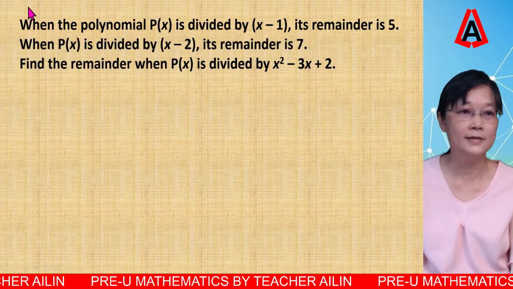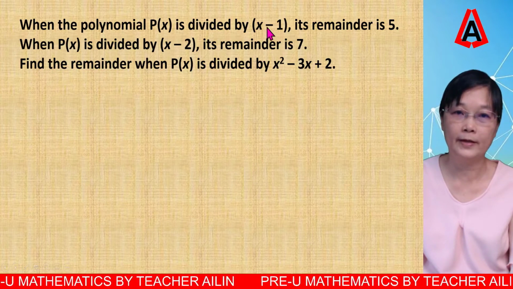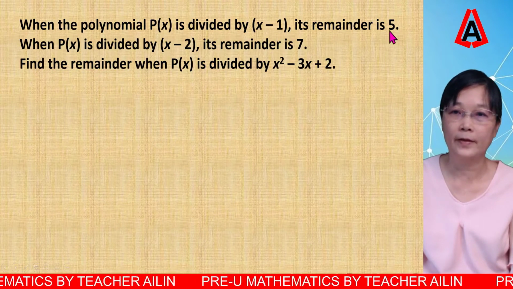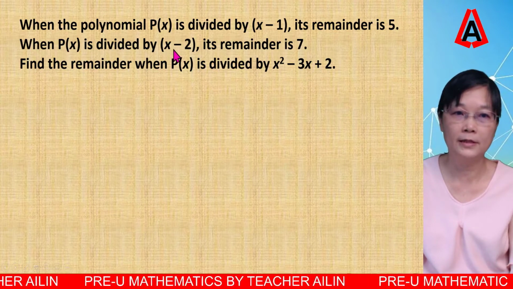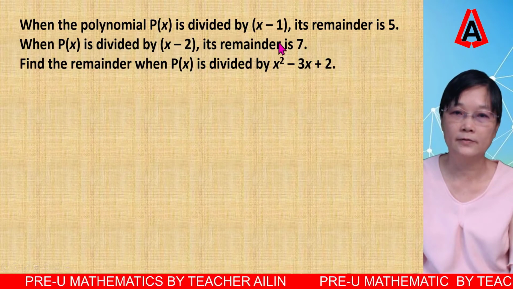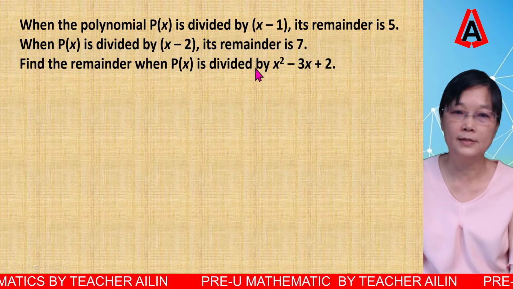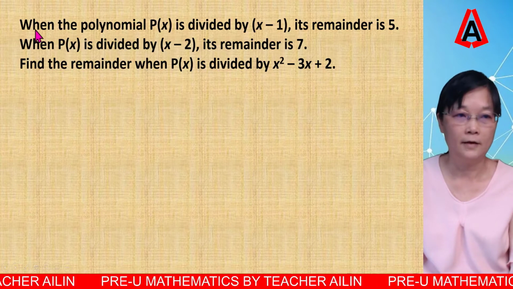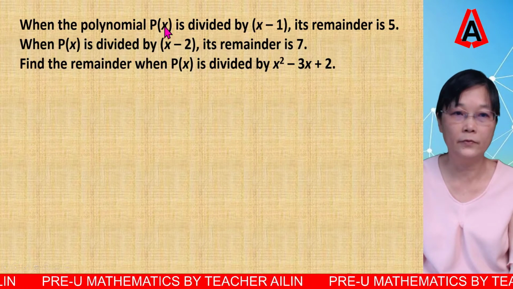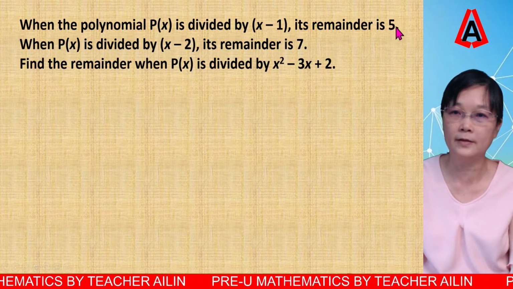Now let's try this question. When the polynomial p(x) is divided by x minus 1, its remainder is 5. And when the polynomial p(x) is divided by x minus 2, its remainder is 7. Now find the remainder when p(x) is divided by this quadratic expression. From the first statement, when p(x) is divided by x minus 1, its remainder is 5.